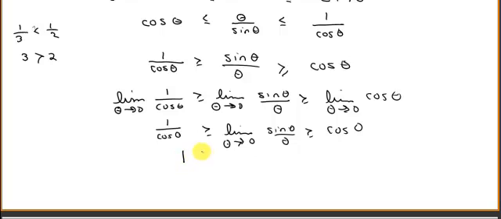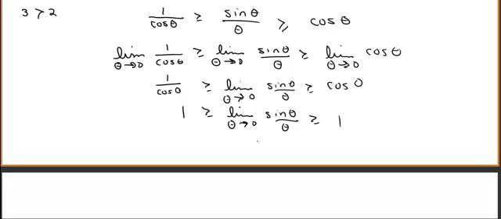So 1 is greater than or equal to the limit as theta approaches 0 of sine of theta over theta, is greater than or equal to 1. Well, then the only alternative for this limit of sine of theta over theta is that it has to be 1. It's between 1 and 1. So the limit as theta goes to 0 of sine of theta over theta is equal to 1.